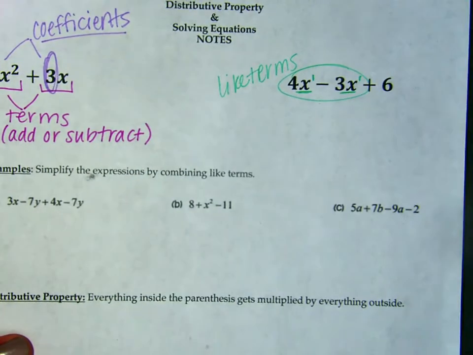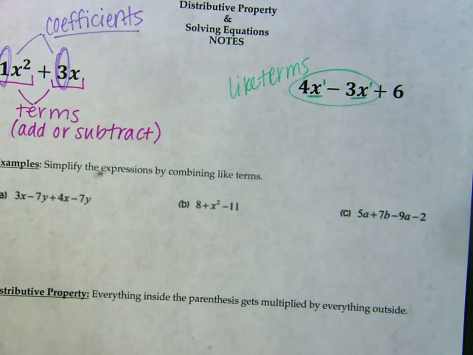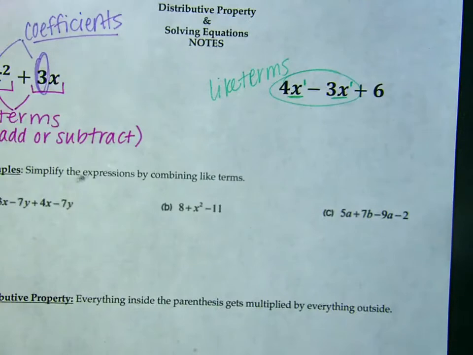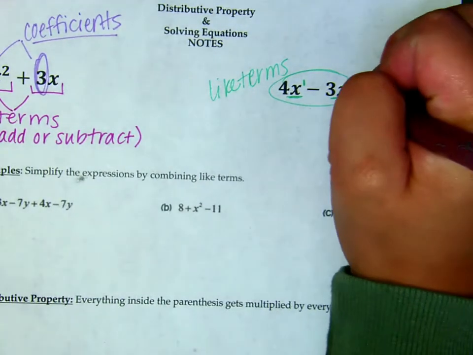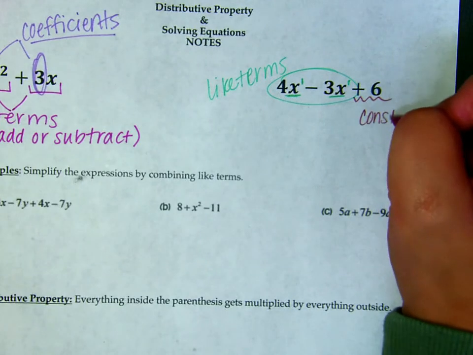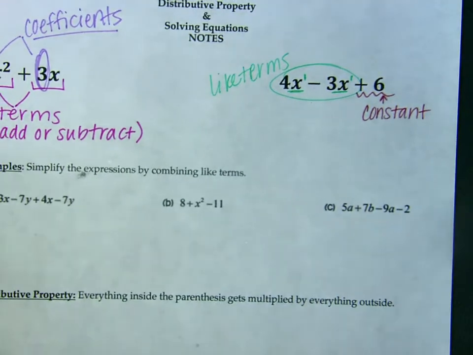If nothing's written there, then we always put a 1. So if I asked you to combine like terms, if I asked you to subtract these two things, we could do it. And this plus 6 here, we call this our constant, because it's never going to change in the equation.